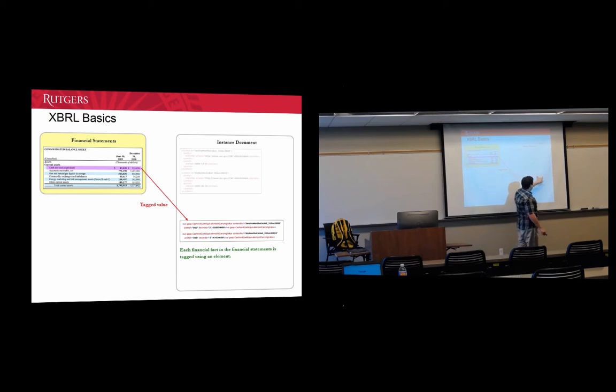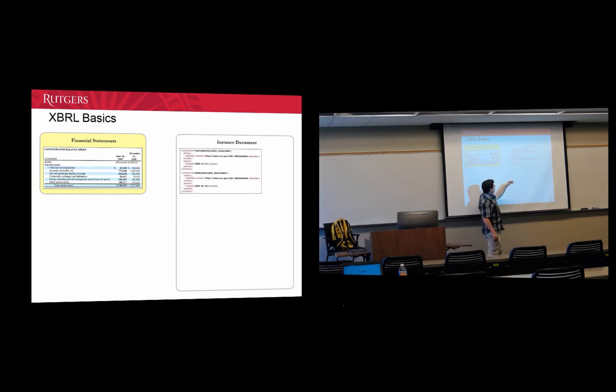Then you have the context information. So this is referring to this December 31st end information. It says 12 months ended 31st of December 2008, right? So here you have context ID, 12 months ended 31st December 2008. And you have all this information related to the context ID.